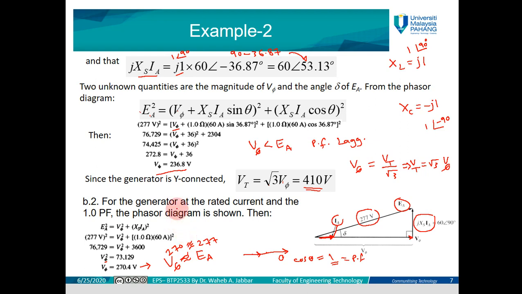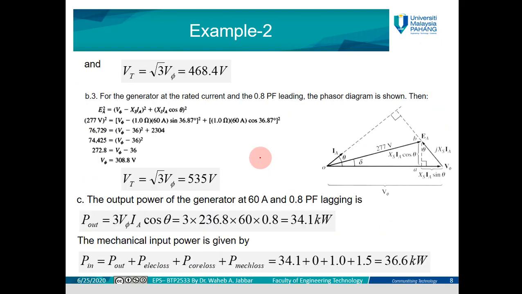Also, the third part will be the case of a leading power factor, and in this case we said if it's leading, V phase will be greater than EA. So the terminal voltage will be higher than the voltage generated by the generator. Why? From where did we get the extra voltage? We got it from the capacitive load. Okay, so this is the case of leading.